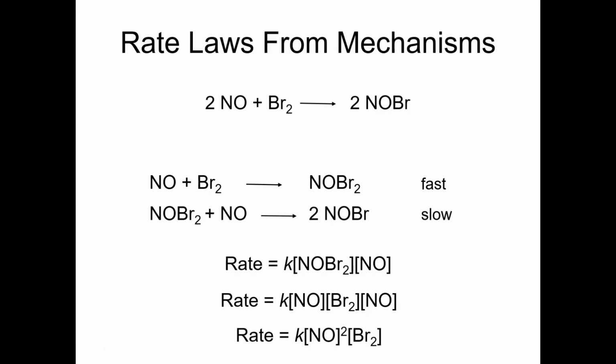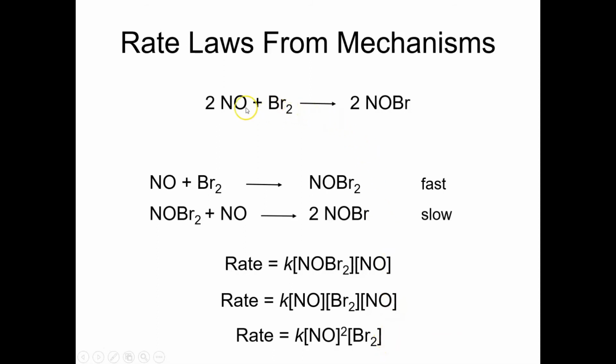One quick comment. Can you prove a mechanism by the overall rate law for the reaction? And the answer to that is no. You cannot prove a mechanism. I could write other mechanisms for this reaction that would give me this same overall rate law. What an observed rate law can do is rule out a proposed mechanism.